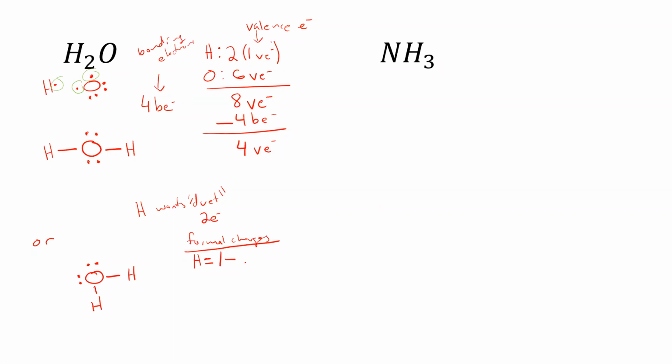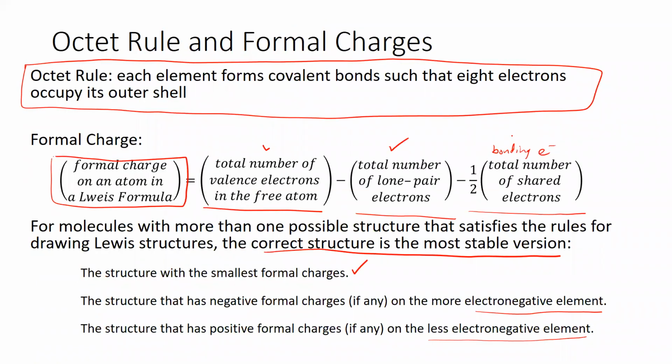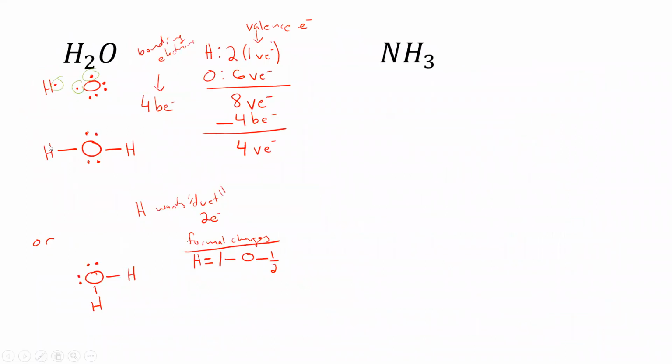So minus 0, minus 1/2 of the total number of shared electrons or bonding electrons. So if hydrogen has 1 bond to it, that means it's sharing 2 electrons. So 1/2 of 2. So the formal charge on hydrogen is equal to 0. 1 minus 0 minus 1/2 of 2 is 0. Now, if there's a formal charge of 0, you do not need to label the atom.